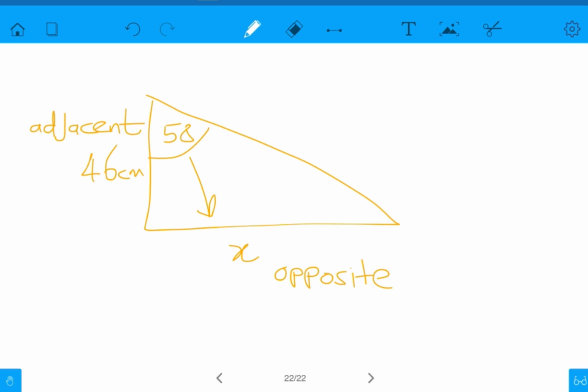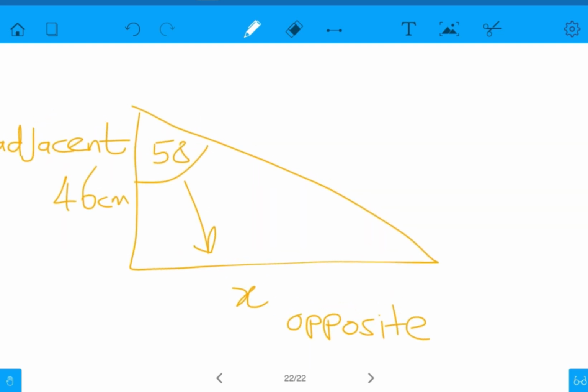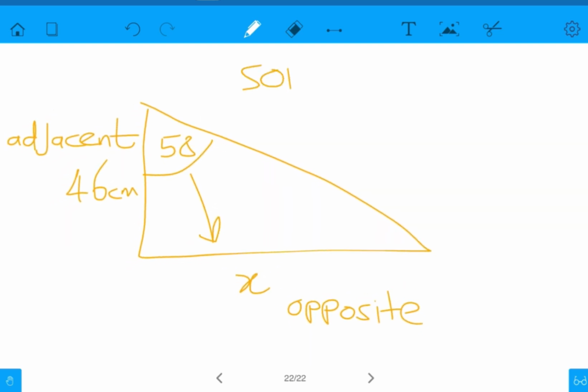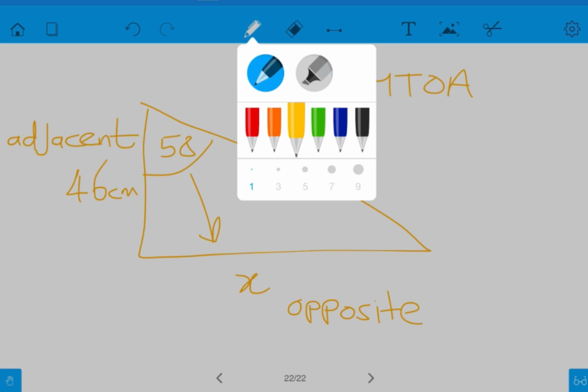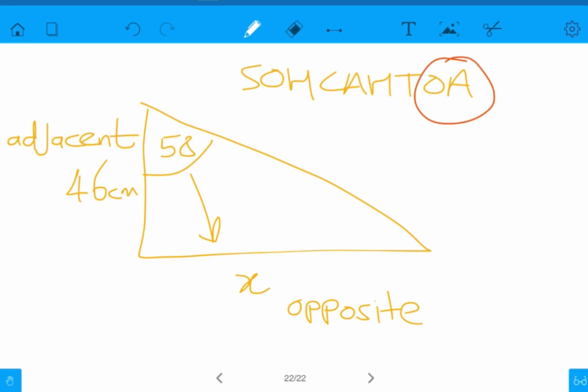So we can use tangent in this case because if we go through SOHCAHTOA, we can see that we're given an opposite and we're given an adjacent, so we focus on tangent.